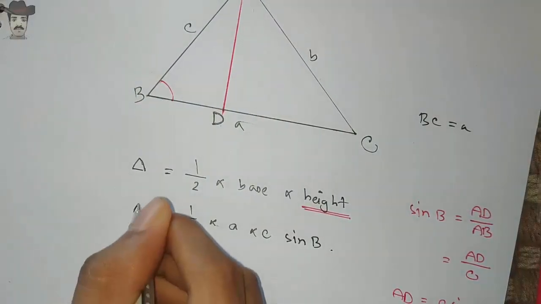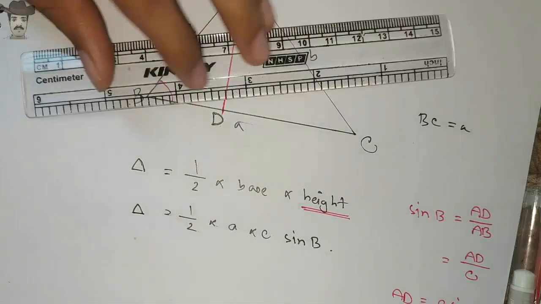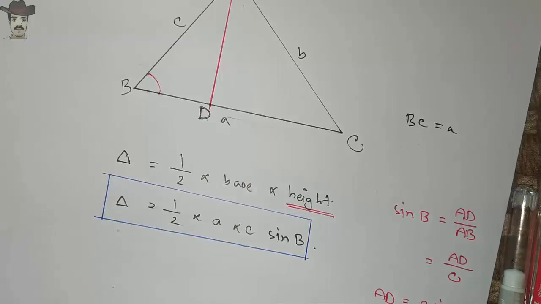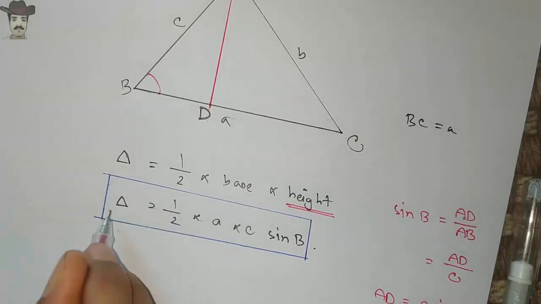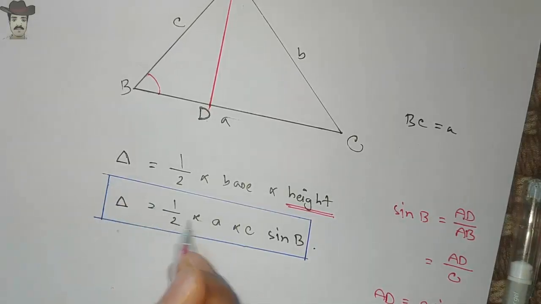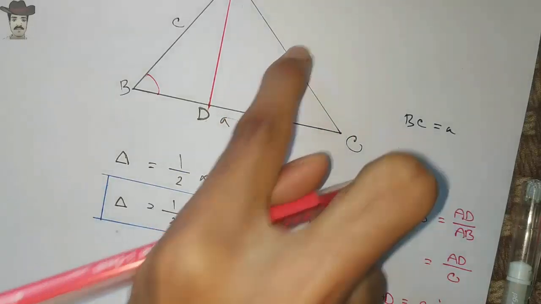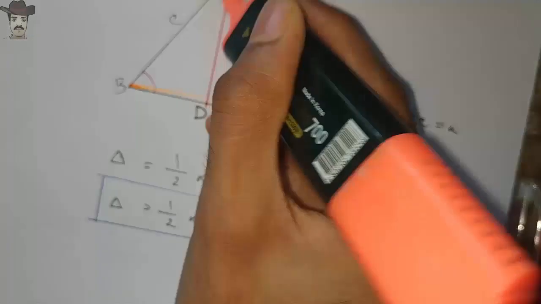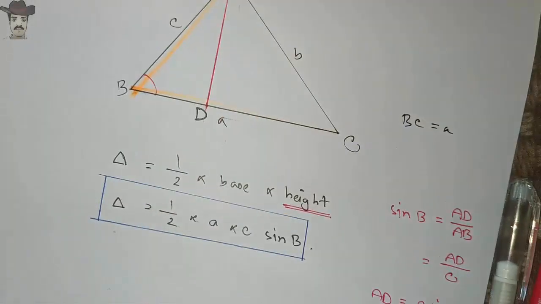From this we can say the area of the triangle is simply, so what can we understand from this formula? The area of any triangle is half into any two sides, in this case a and c, into the sine of the angle between the two sides.